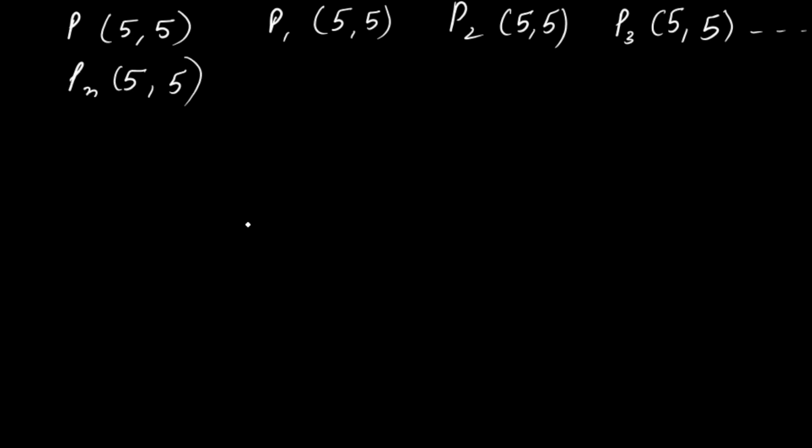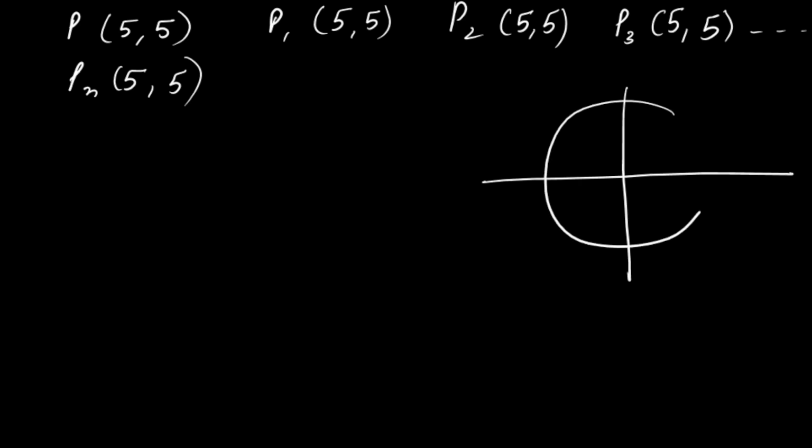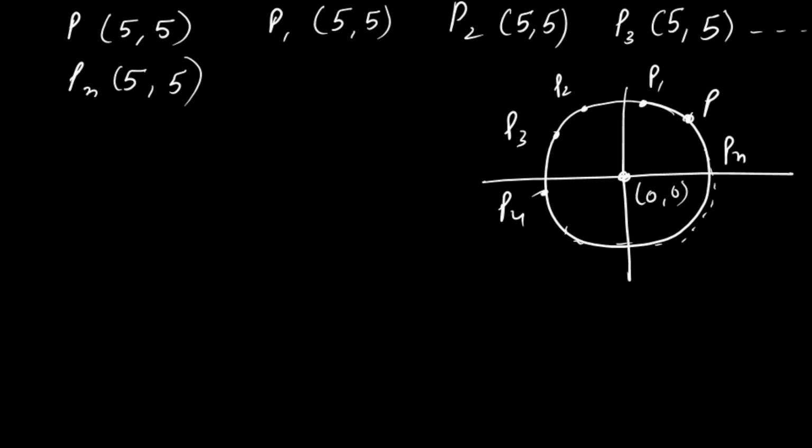So if we take all these points, then these points represent a circle with origin as center. So P, suppose it is here, then this is P1, this is P2, this is P3, P4, continuing like this, I'll get n points here. Suppose this is Pn. These points we have to show represent a circle with origin as the center.